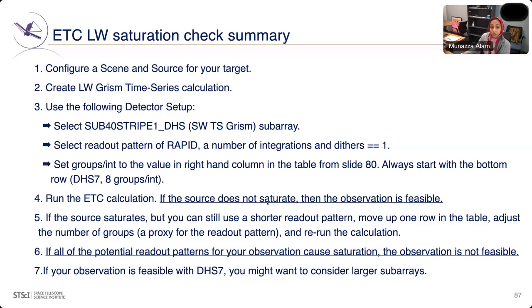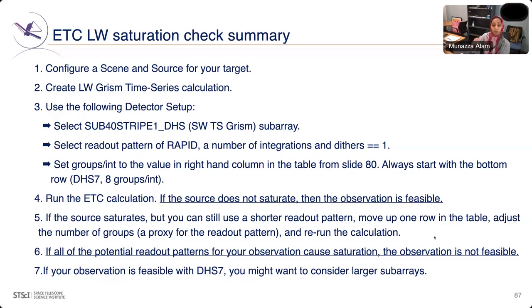If your source doesn't saturate, you're good to go. The observation is feasible. But if you do face saturation with 8 groups per integration, then we can go up a row in the table, use a shorter readout pattern based on the number of groups per integration for that readout pattern, and rerun your calculation. Keep going up a row until you find a readout pattern and a number of groups per integration that works and doesn't saturate.